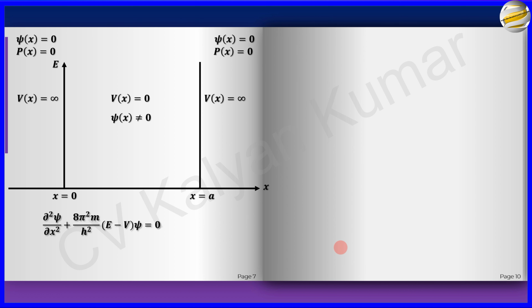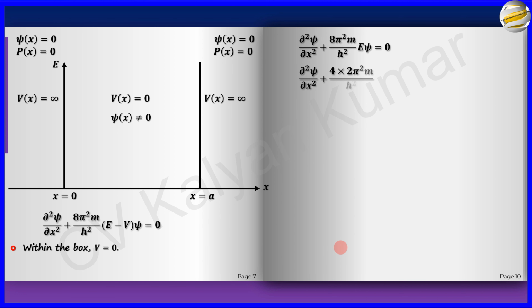Now within the box we know V is 0. So I can put the value of V as 0. So I get d2 psi upon dx2 plus 8 pi square m upon h square E psi equal to 0, because my V is 0 now. Now I'm going to write 8 as 4 into 2 because I want to get the h bar downstairs.